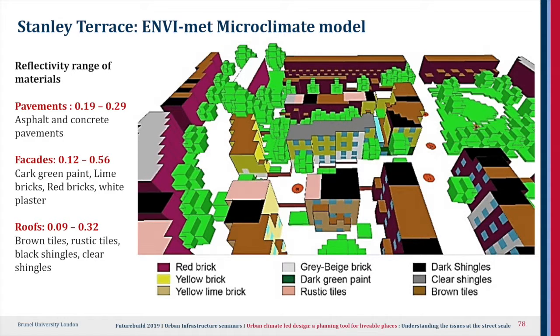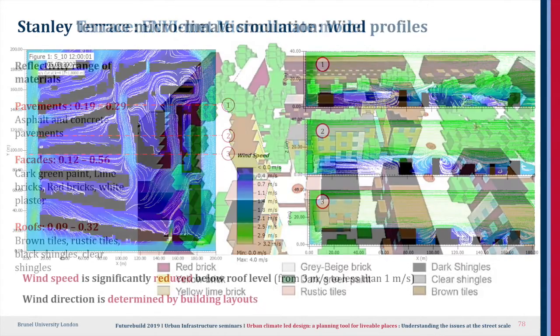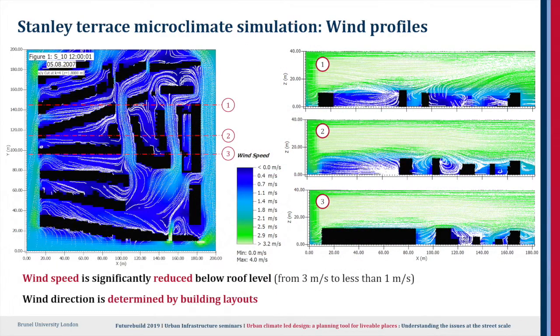So this is a representation of the ENVI-met microclimate model of the area with a simplification of the vegetation and the different materials. And here we can see some of the outputs of this simulation. For example, the three different profiles of wind speed and direction show that the wind speed is much decreased at the street level compared to the layers of atmosphere above the roof level, and also that the direction of the wind is very modified by the building layout.